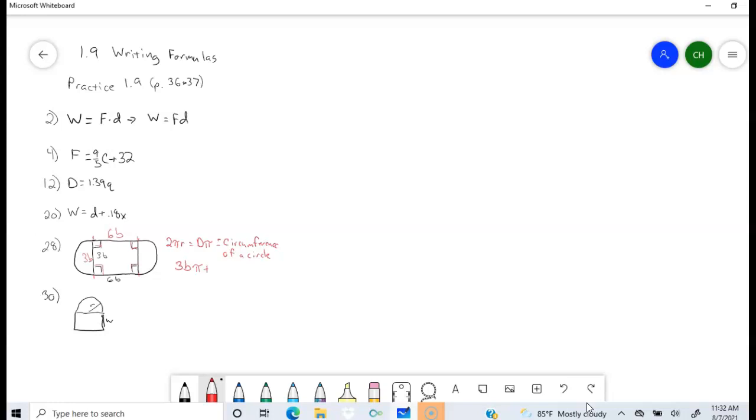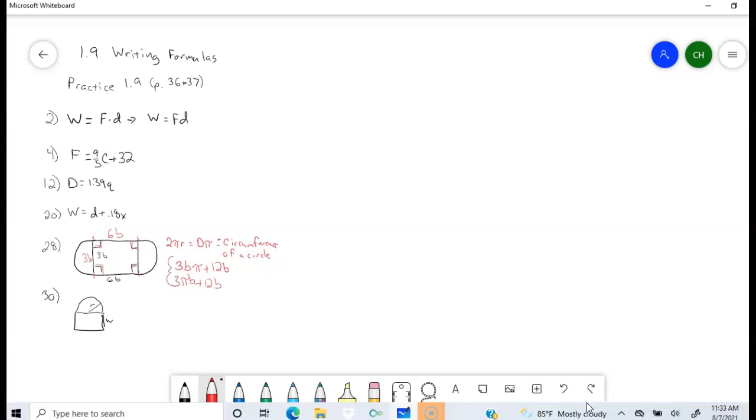So plus 12b. Multiplication is commutative and associative, so probably write that as 3 pi b plus 12b. Either one of those will work.